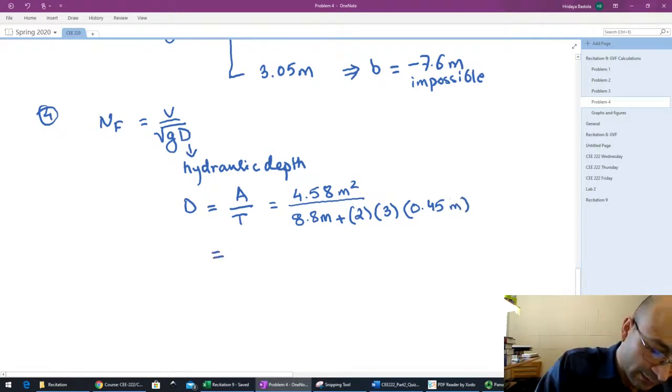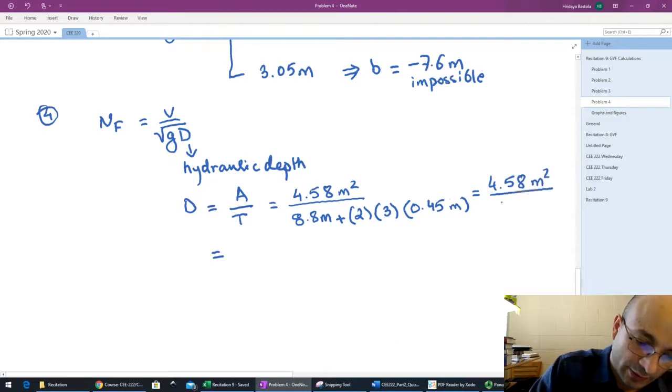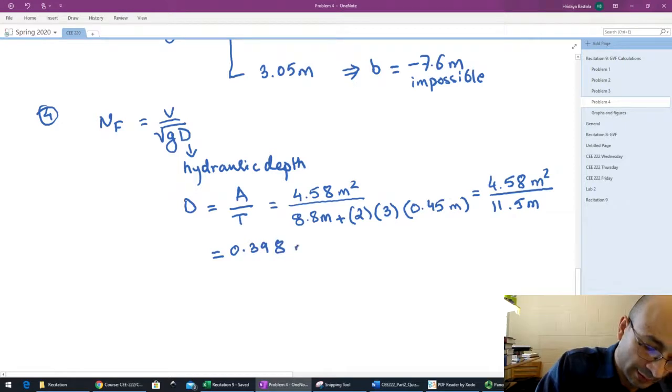So this will give us a hydraulic depth of, I'll just simplify it further, 4.58 meters squared divided by 11.5 meters, and this gives a hydraulic depth of 0.398 meters. So then we can go back to our Froude number equation.